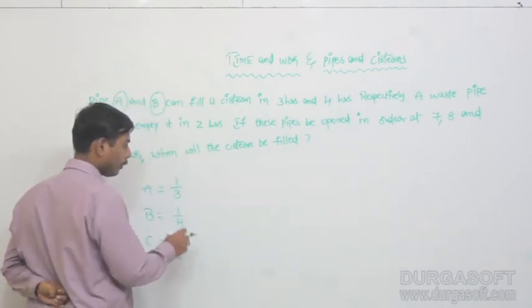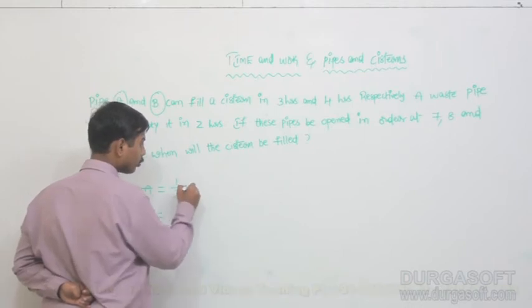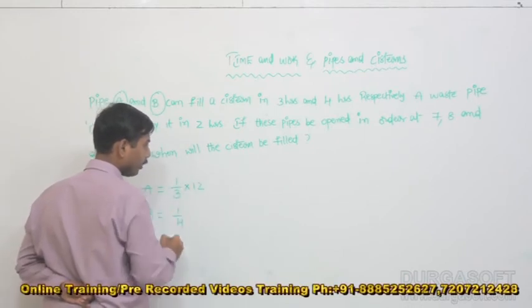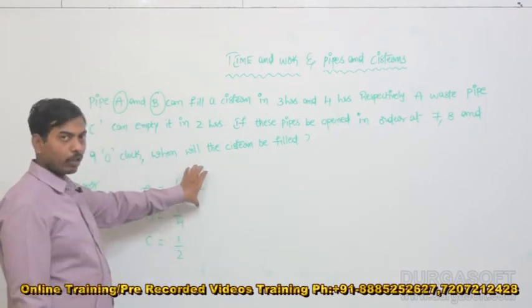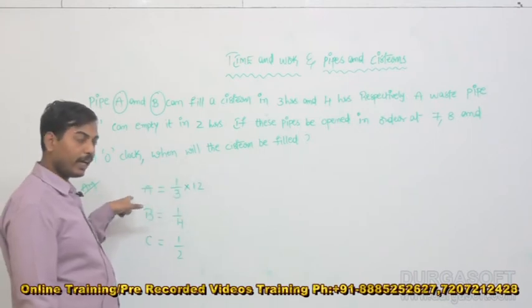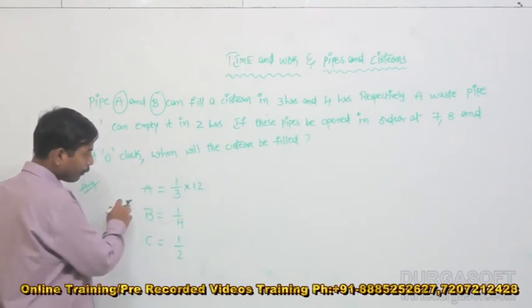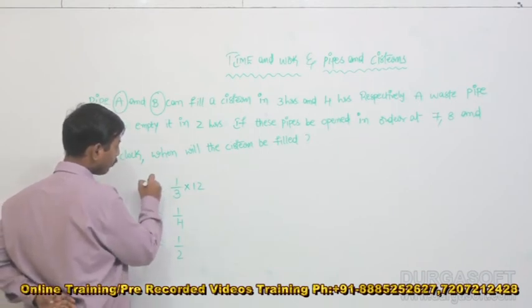The least common multiple of 3, 4 and 2 is 12. Let's suppose a total of 12 units of work is available. That means 12 units of water need to be filled by pipe A. Pipe A is a filling pipe. What is the indication for us? Plus represents a filling pipe.